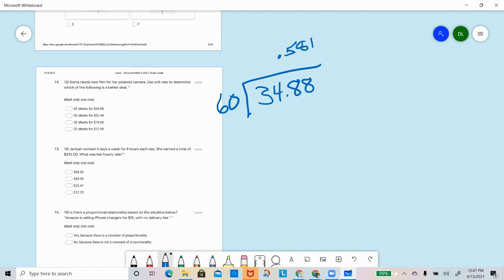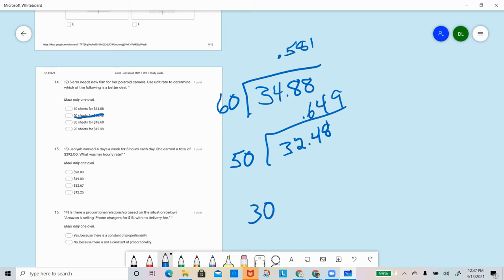We've got to do them all. So let's do 32.48 divided by 50. Maybe that's cheaper. Who knows? That's 0.649. Well, we know 0.649 is more expensive than 0.581, so it can't be that one, right? And then we have 30 for 1860.